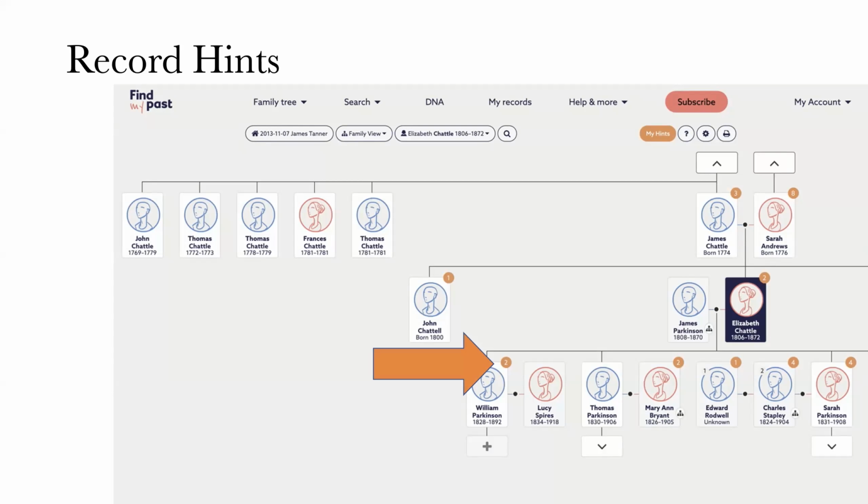You have to be very careful to look at the places where the children were supposed to have been born. Let's say you go through a list of children in the family, and you find that there's a child born in Middlesex, and the second child born in Middlesex, and the third child born in Middlesex. We're talking about the early 1700s.